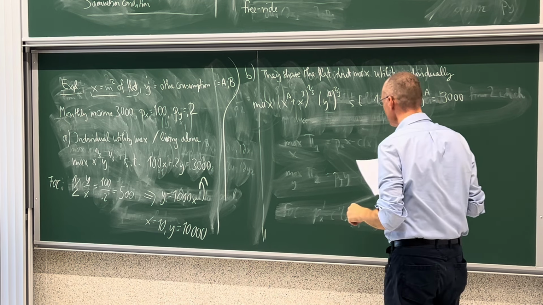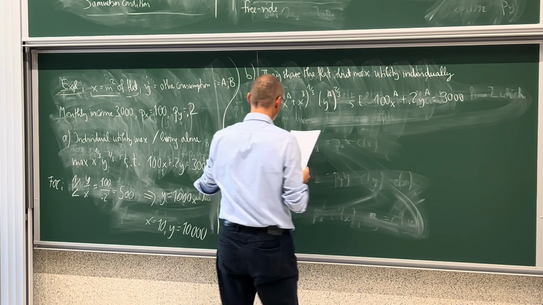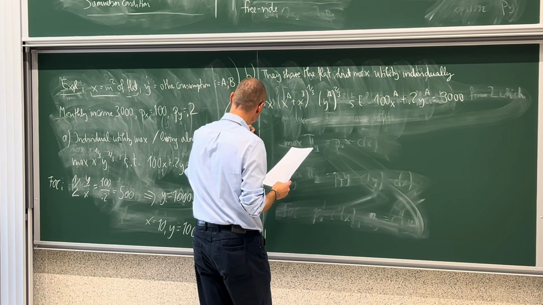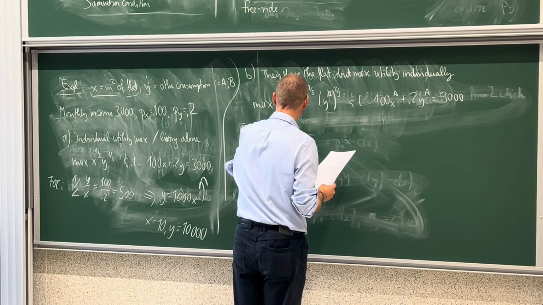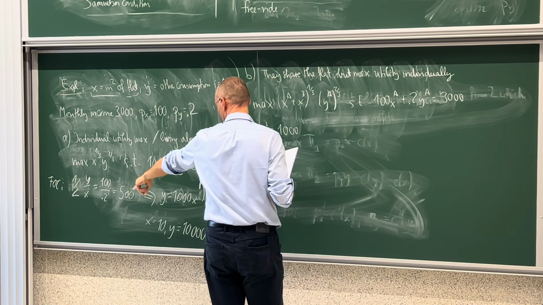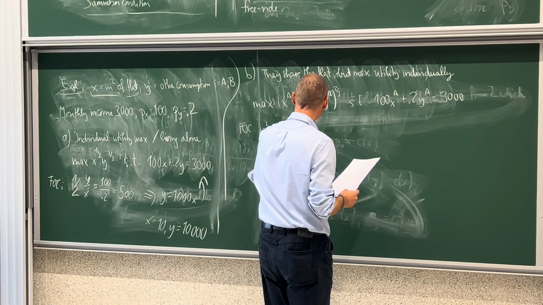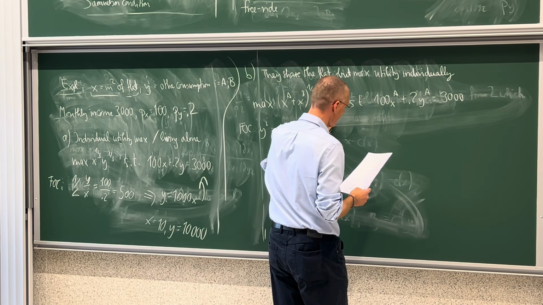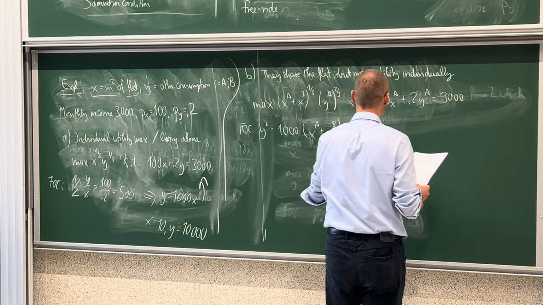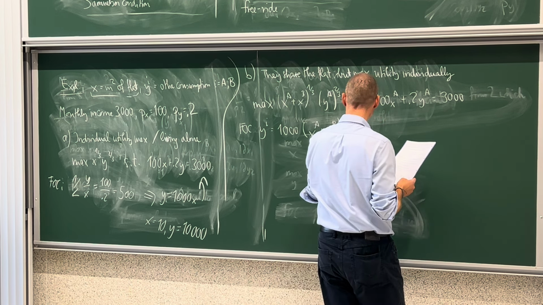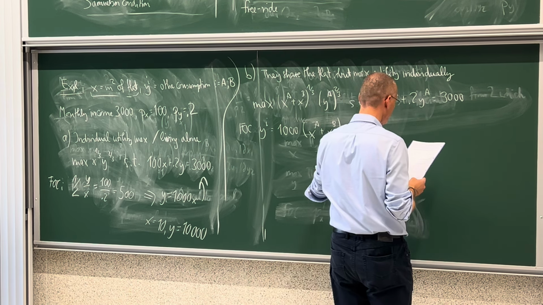Okay. Get the first order condition. 1000 is the same as before, just that X is now XA plus XB. And with the budget constraint, plug it into the budget constraint.